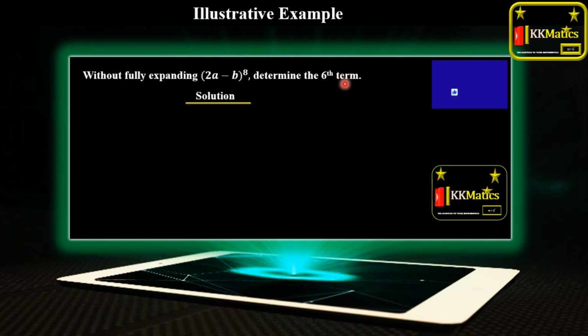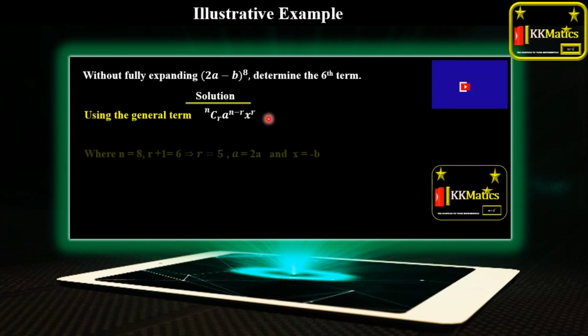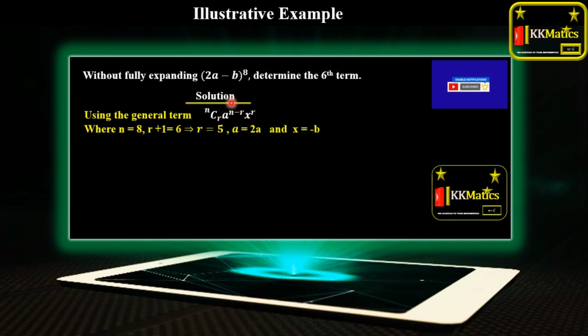So using the general term, n combination r multiplied by a raised to the power n minus r multiplied by x raised to the power r, we compare and find what the variables in the formula are. Here, we have n to be 8, and our r here will be 5. Now r here is actually indicating the term that we find ourselves in. Here, we've been told to find the sixth term.